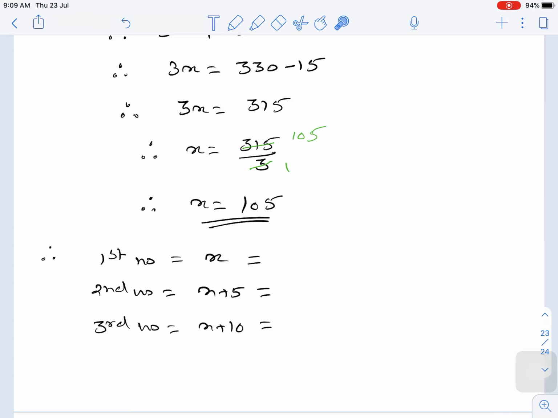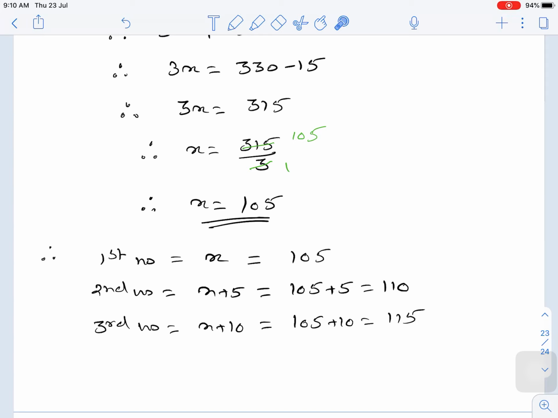Our first number will be the value of x as it is, so it will be 105. Second number will be x plus 5, so 105 plus 5 equals 110. Next number will be x plus 10, so 105 plus 10 equals 115.